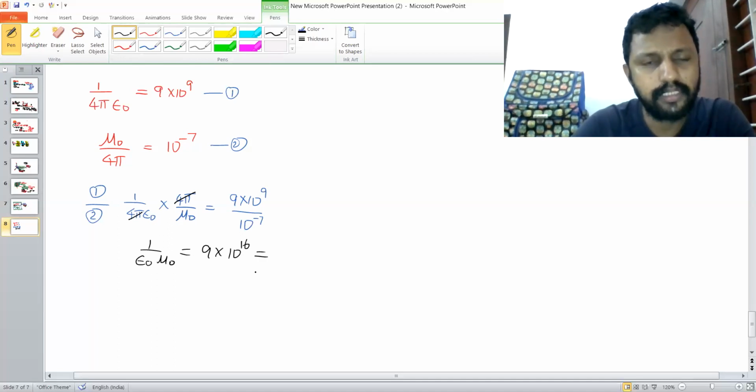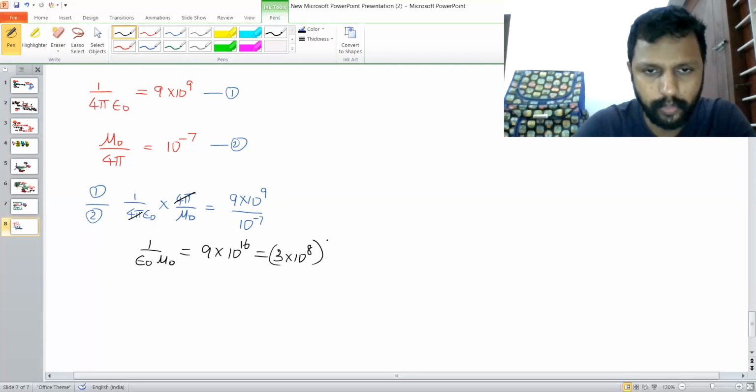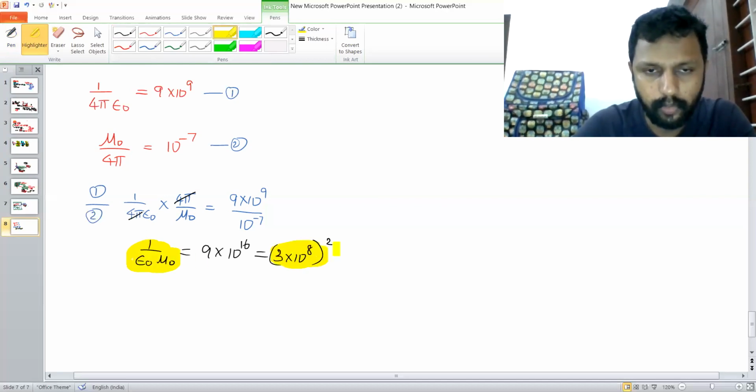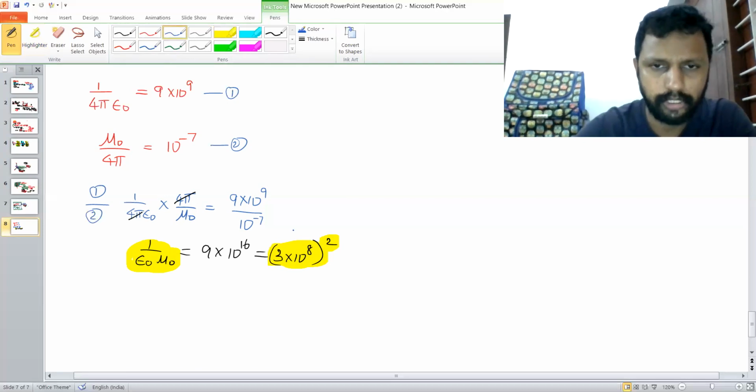10 raised to 16 can be rewritten as 3 into 10 raised to 8 the whole square. You just analyze, 3 square is 9, 10 raised to 8 whole square is 10 raised to 16. Therefore, 1 by epsilon 0 mu 0 is equal to 3 into 10 raised to 8 the whole square. Can you connect 3 into 10 raised to 8 with some constant?